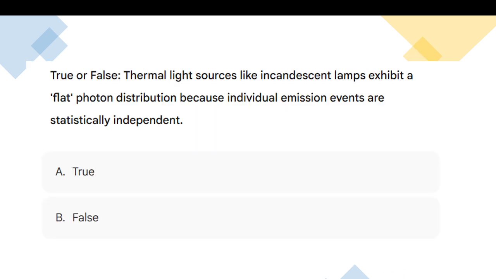Last question, true or false? Thermal light sources like an incandescent lamp exhibit a flat photon distribution because individual emission events are statistically independent.